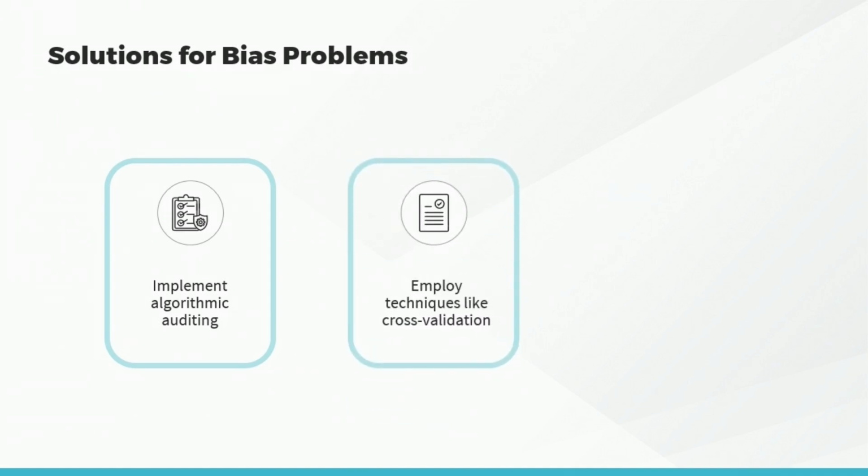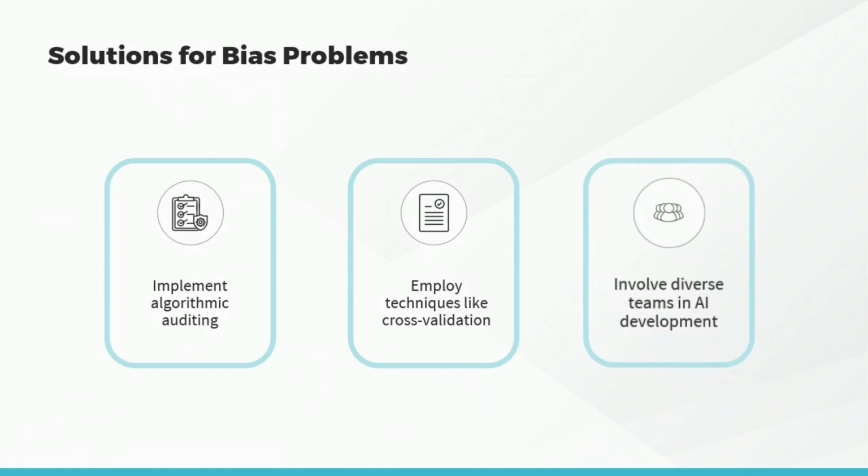Cross-validation techniques validate AI models using diverse datasets to ensure that they generalize well across different demographic groups and minimize the risk of biased predictions or decisions. And involving diverse teams of experts, including individuals from different racial, gender, and ethnic backgrounds in AI process development, can help to identify and mitigate bias issues from diverse perspectives.